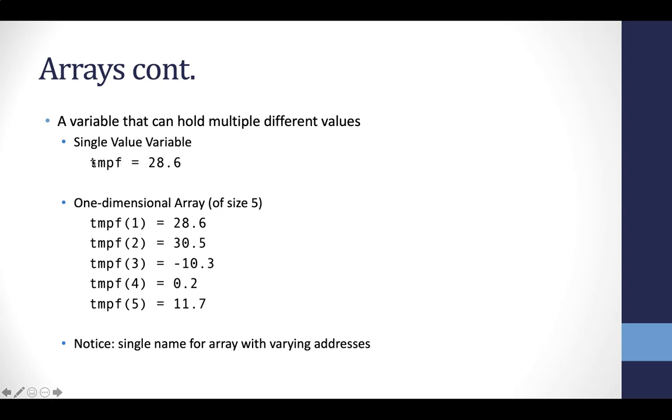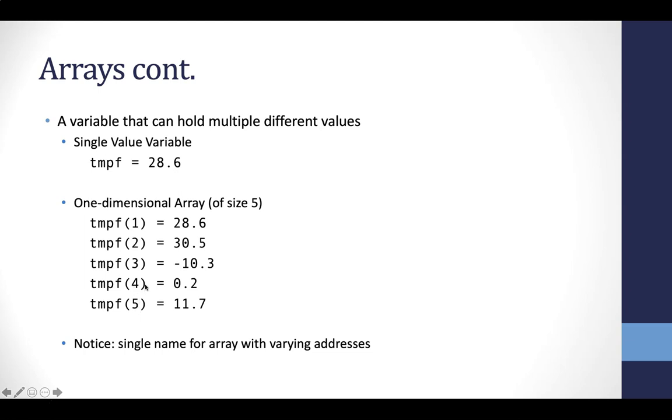Right? That's great. So this variable tmpf is assigned and stores the value 28.6. But if we had a one-dimensional array of size 5, we could store 5 different temperatures in this variable tmpf with just slightly different addresses. And our addresses here are 1, 2, 3, 4, and 5.